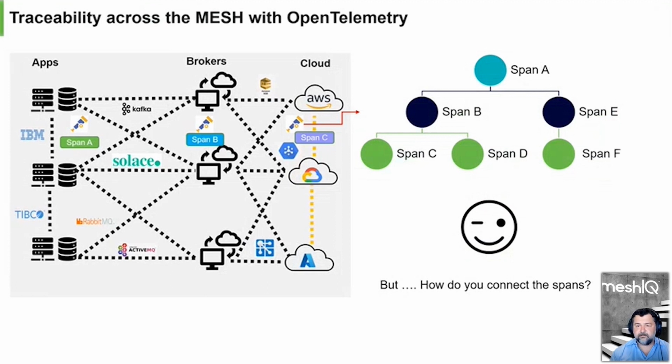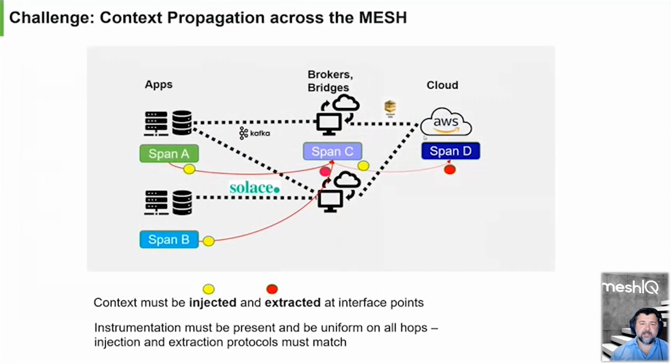Now, if we look at context propagation, logically it makes sense to connect these things together, but it also introduces a significant challenge. The challenge is that you need to inject context into messages as they move across the integration mesh.